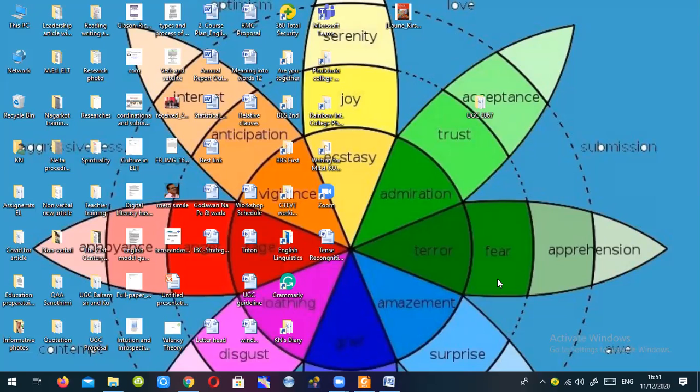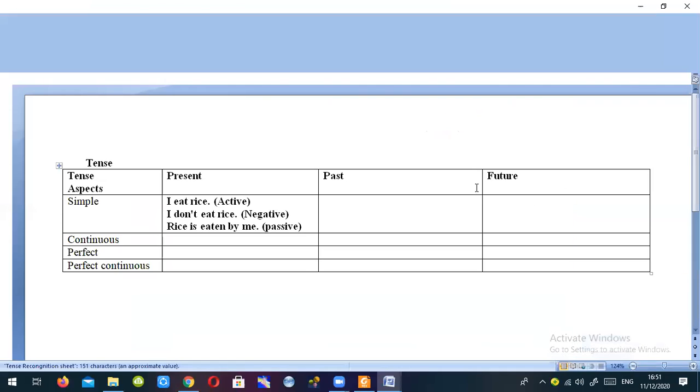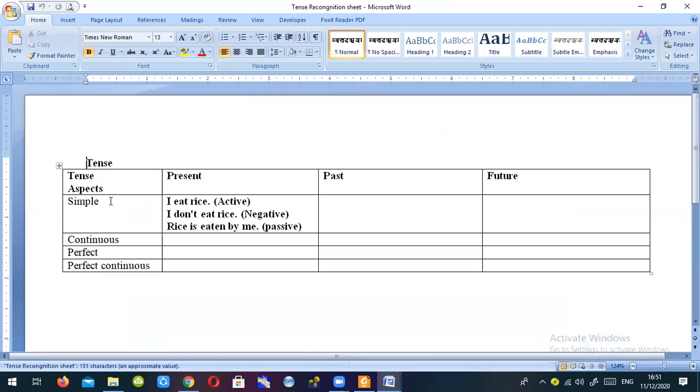I have prepared one table. I'm going to share it with you by email within 10 minutes.